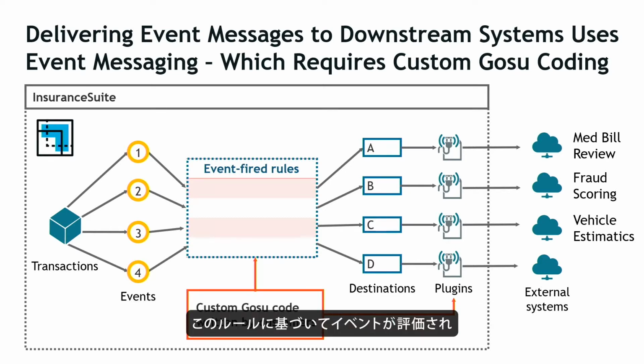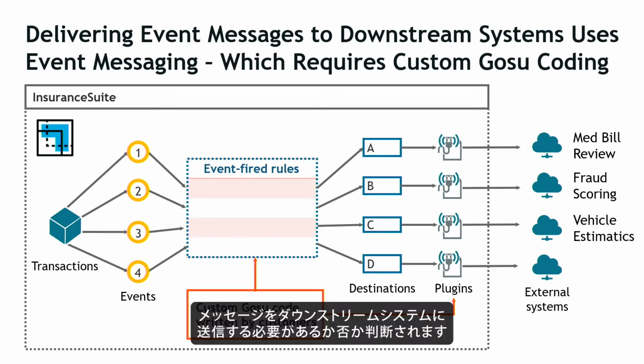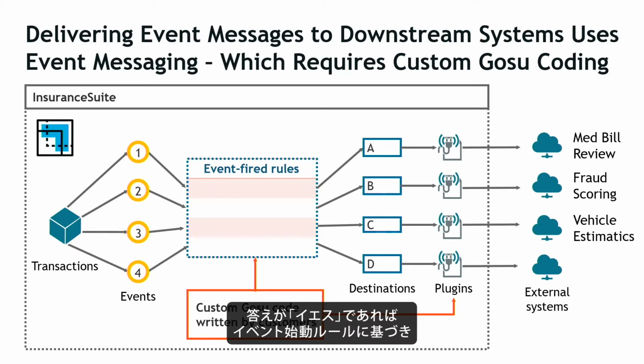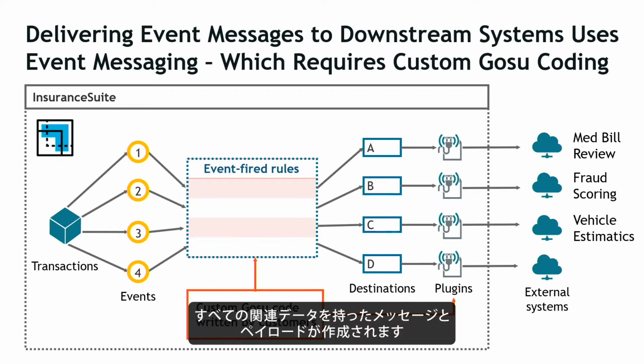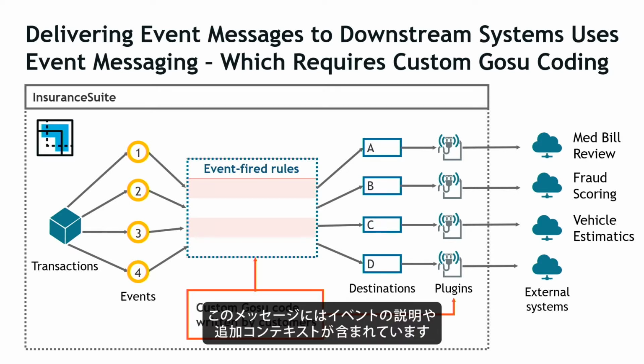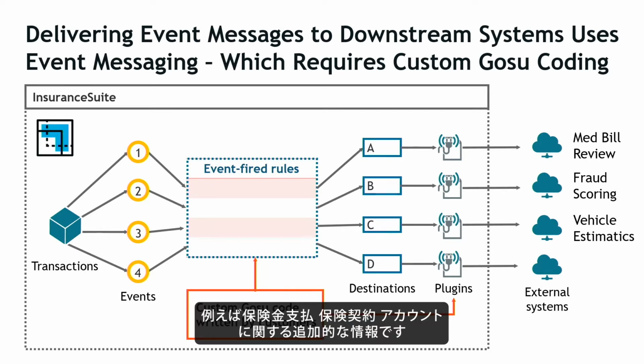What these rules do is they look at the event and work out, do I need to send a message to a downstream system as a result of this event? And if the answer is yes, then these event fire rules have to create a message, a payload that has all the related data which explains what the event is and gives additional context. That could be additional information about the claim, the policy, the account, and so on.